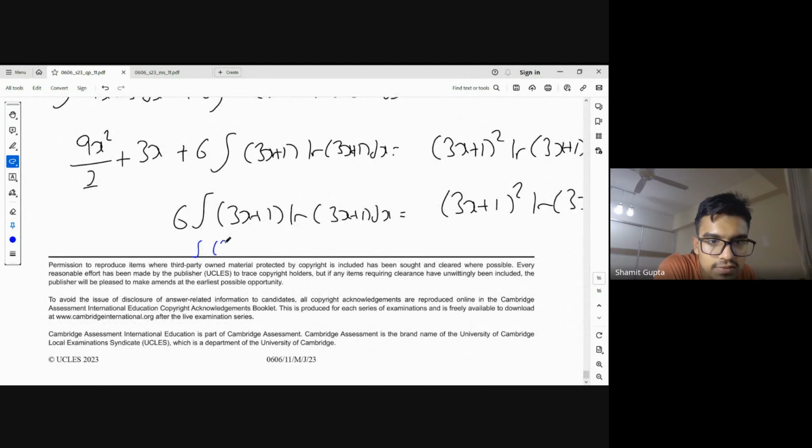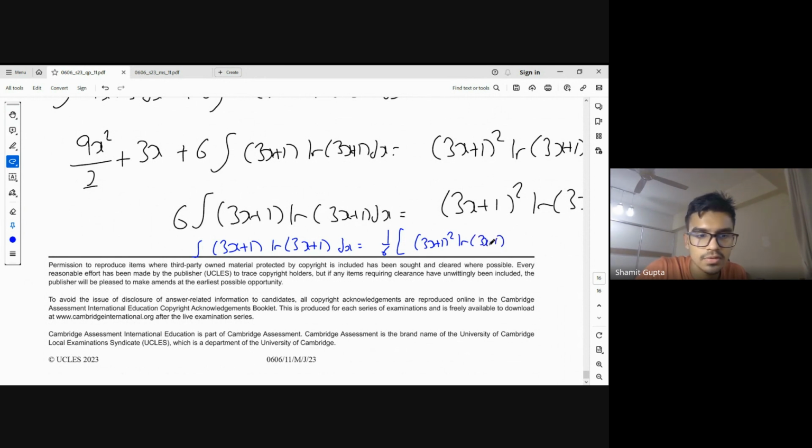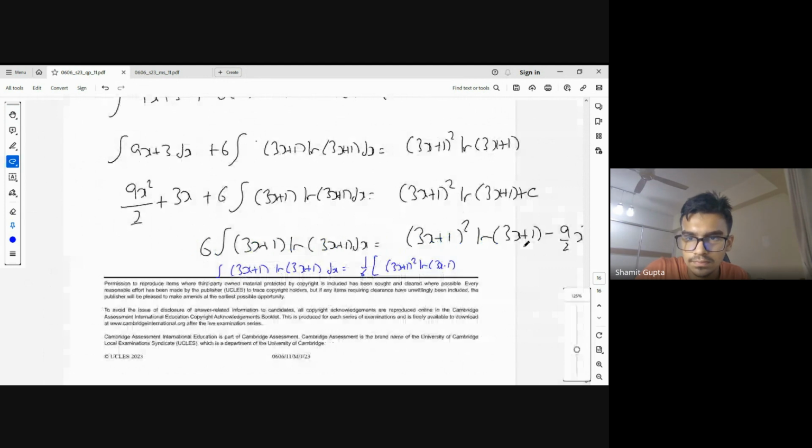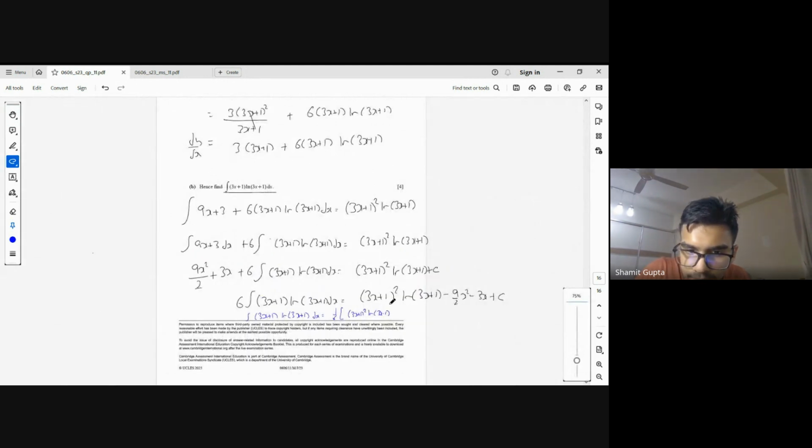Integral of (3x + 1) ln(3x + 1) dx becomes 1 over 6 (3x + 1)^2 ln(3x + 1), minus 9 over 2 divided by 6, which is 9 over 12, 3 over 4, then minus 3x divided by 6, minus x over 2, plus c.